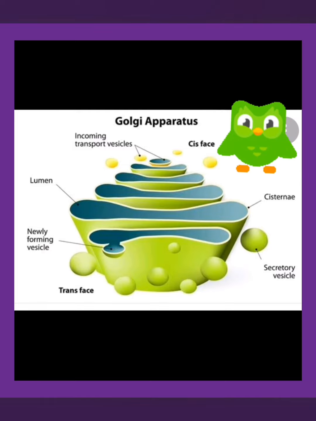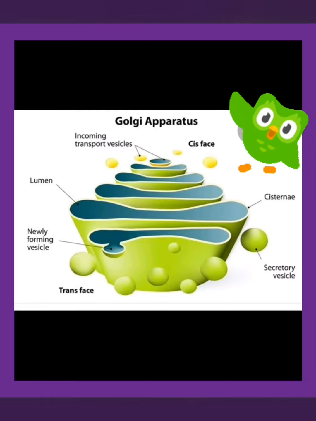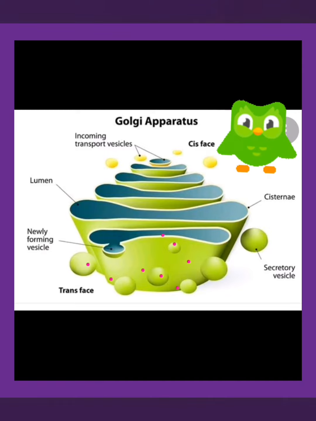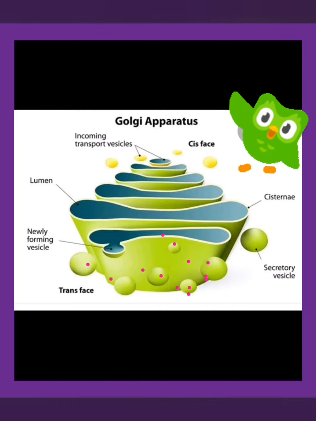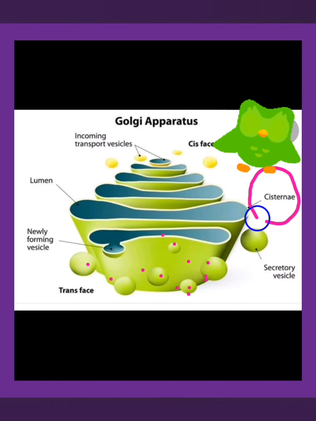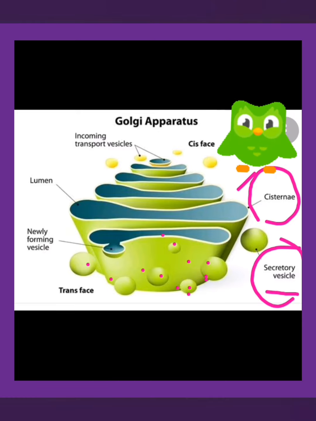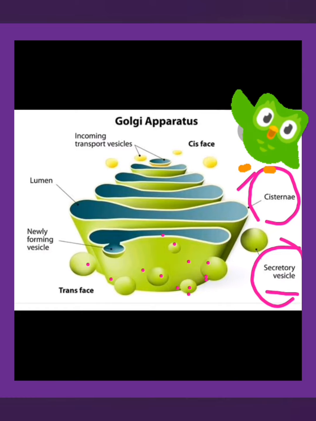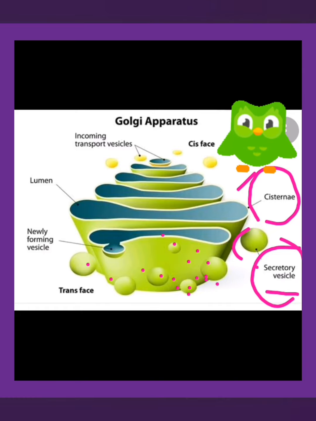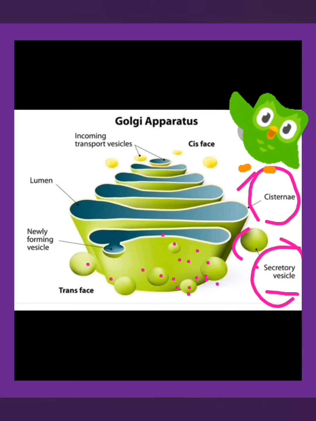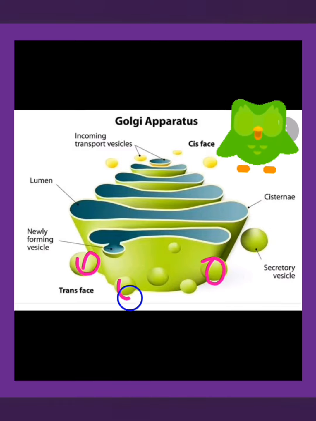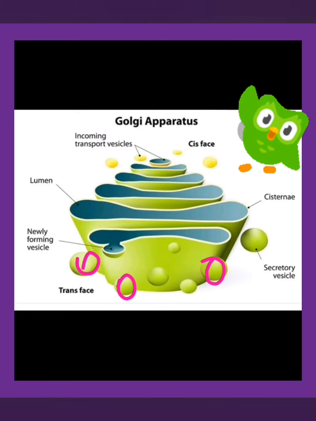You can observe small components here, and they are of two types, cisternae and secretory vesicles. Cisternae are the stacked ones which cover the vesicles. The vesicles are budded outgrowths; you can see bud-like structures, which are the outgrowth of the Golgi bodies.